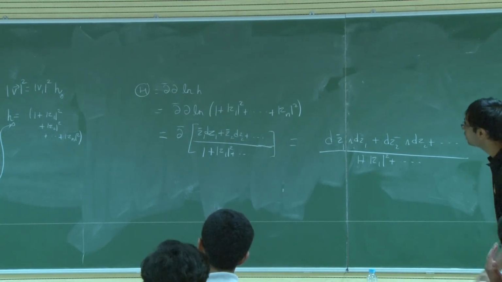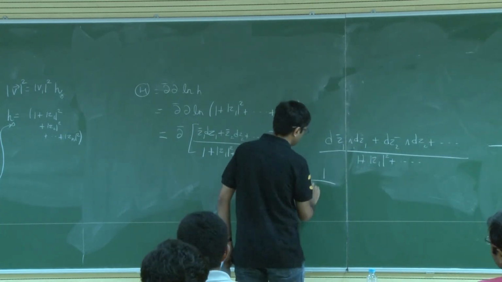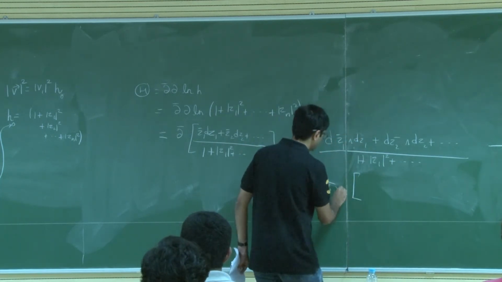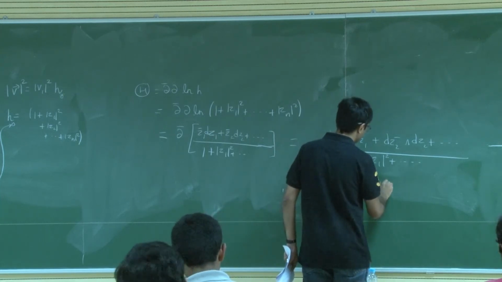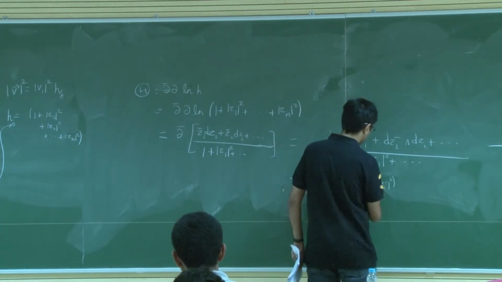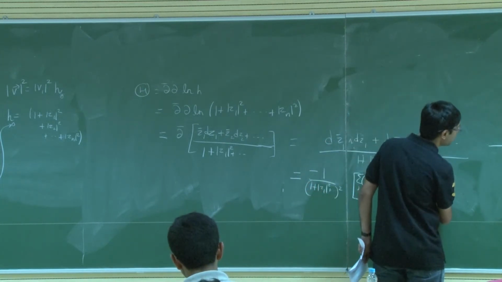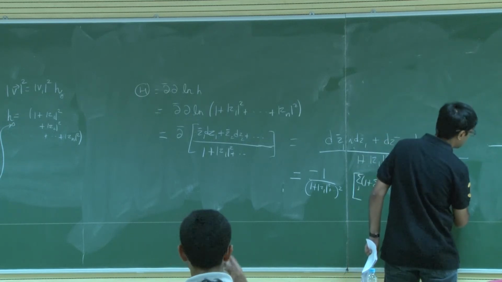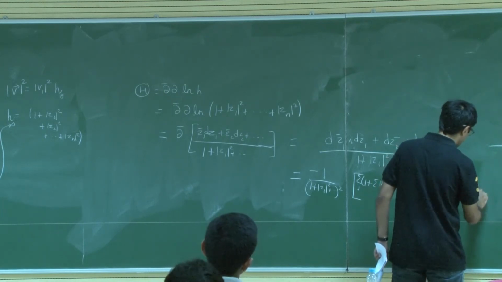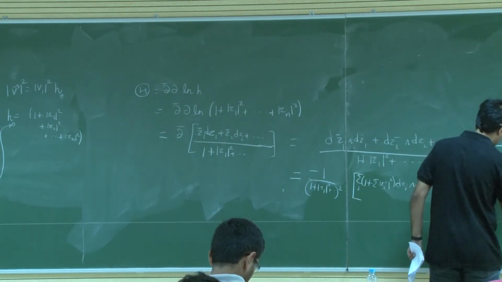Okay. So what is this? It is 1 over (1 plus sum of |zi| squared) whole squared, times, taking a minus out here, the sum over i, j of dzi wedge dzj bar, minus, or rather plus, this thing: z_i bar dzi summed over i, multiplied with zj dzj bar.